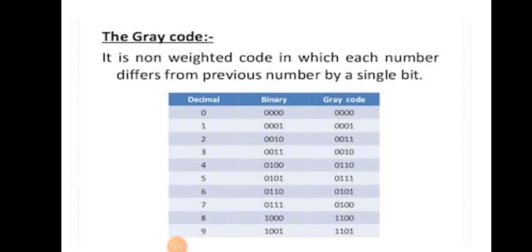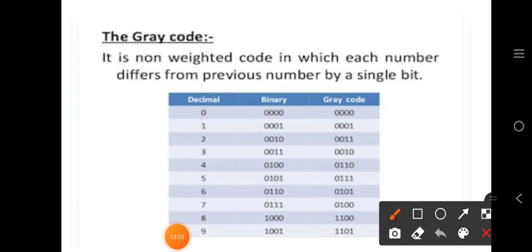Now the gray code. As we know, gray code is a non-weighted code in which each number differs from the previous number by a single bit. Now in this table you can compare the binary and gray code.